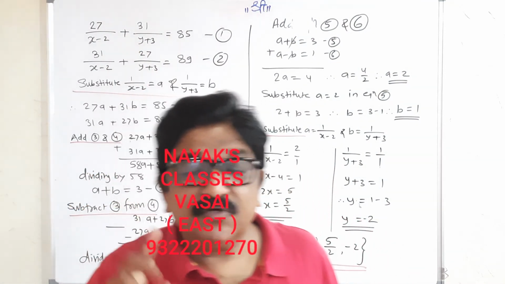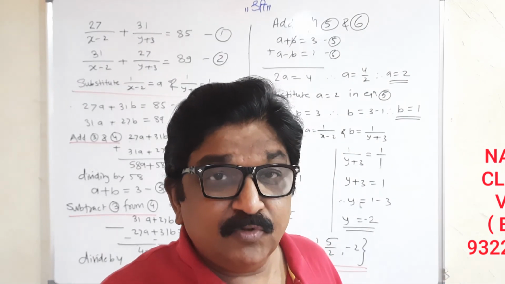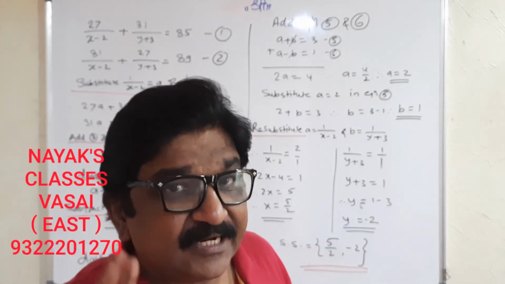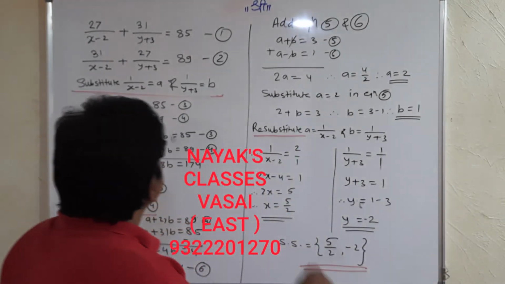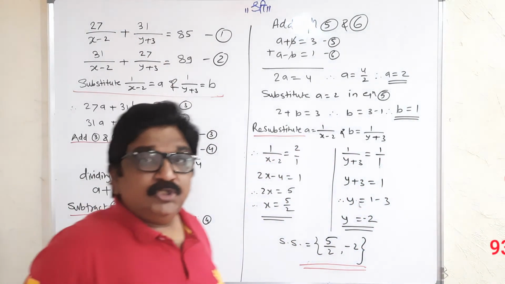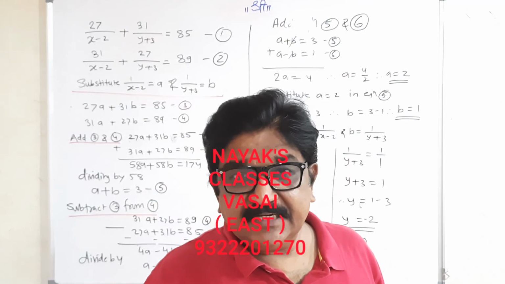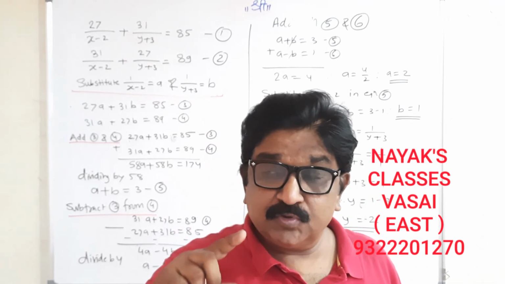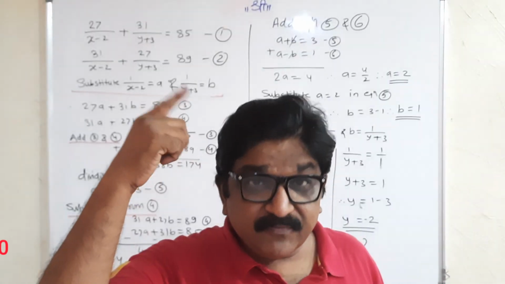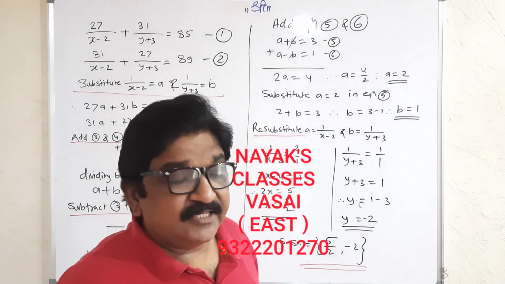The coefficient of the first term they have given to the second term of the second equation, and the coefficient of the first term of the second equation goes to the second term of the first equation. Nicely understand this.